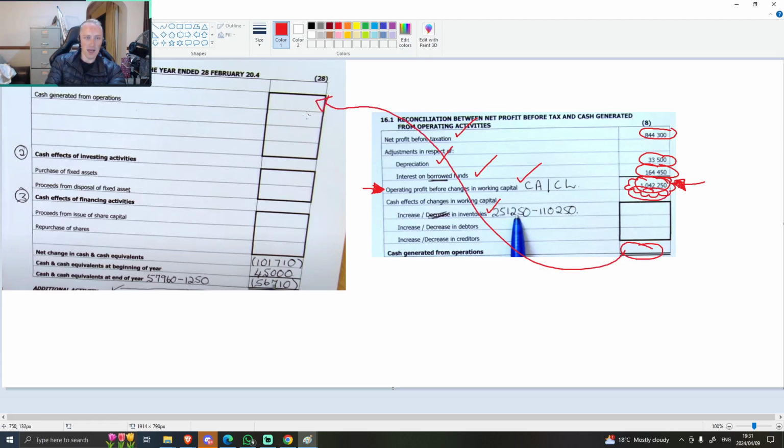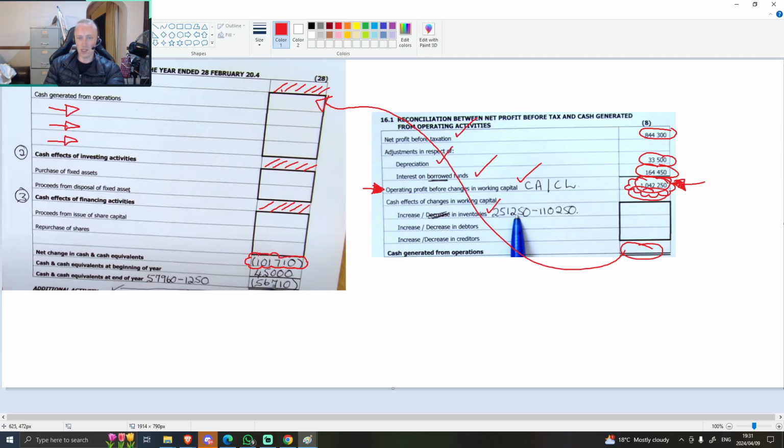And once we have that, we also minus interest expense, we minus tax paid, we minus dividends paid, and we end up with the cash effects of operating activities. Cash effects of operating activities plus or minus the cash effects of investing activities plus or minus the cash effects of financing activities equals net change in cash and cash equivalents.